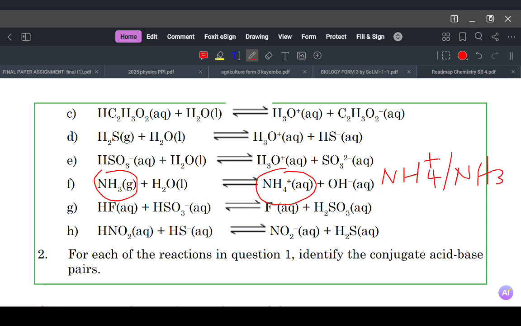The one that has fewer hydrogen atoms is listed at the end. Similarly, this one is behaving like an acid, so you list that as H2O stroke OH-. Take note, H2O, which is water, has 2 hydrogen atoms, while this one here has only 1. So the conjugate acid pairs will be listed as shown.